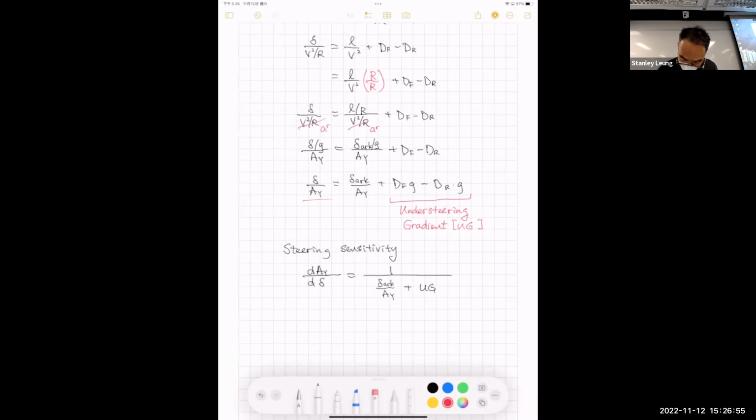And this thing actually is L over R over V square over R over G. So AY is the radial acceleration per G, and Ackerman is your wheelbase versus your rotating radius, right? You saw it most of the time.